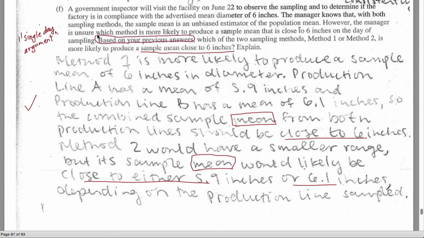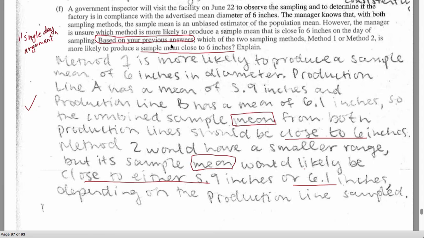I can't even think of any students that I remembered actually based their answer in F on what they said in E. Some of them did refer back, but some were referring back all the way to C, B, or A, which were not sampling distributions. They were distributions of samples, and so that would have been incorrect as well. And I think that's why they made this vague, because they wanted students to go back to the right previous answers, which would have been either from D or E.